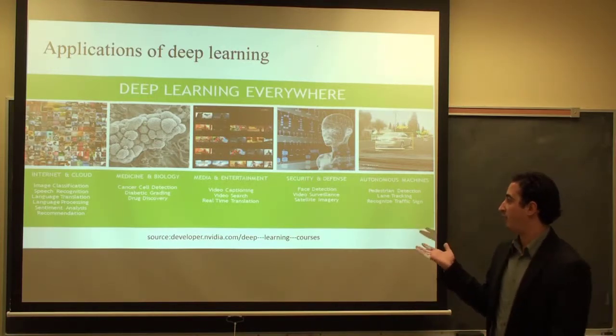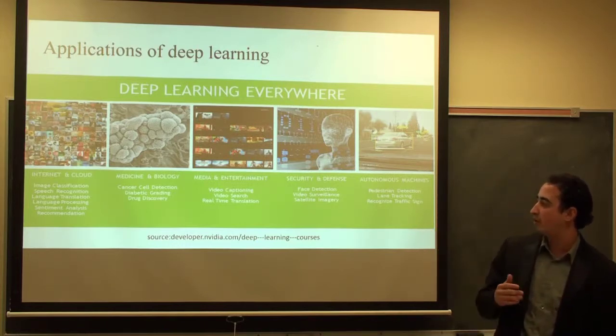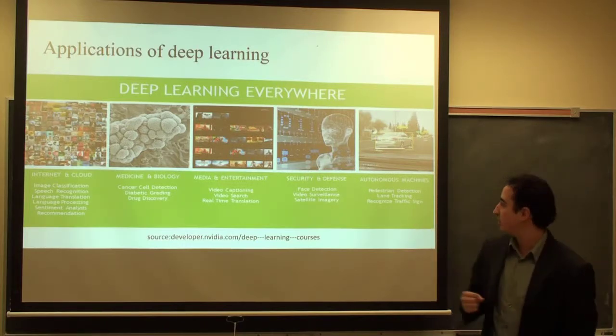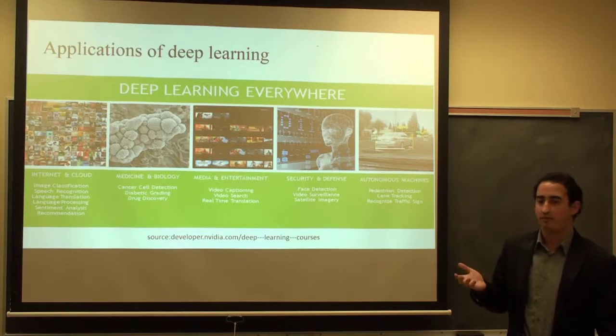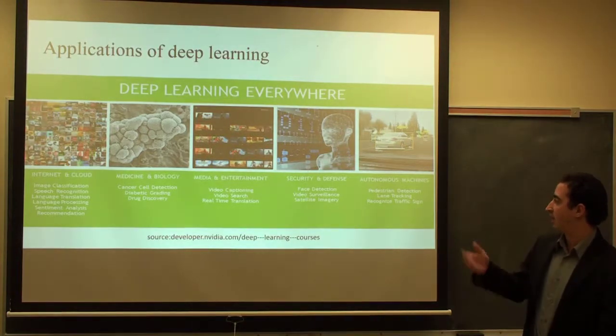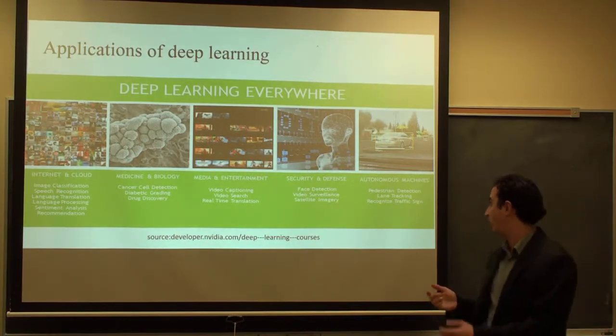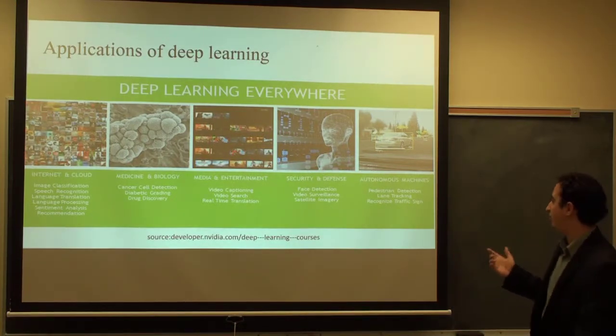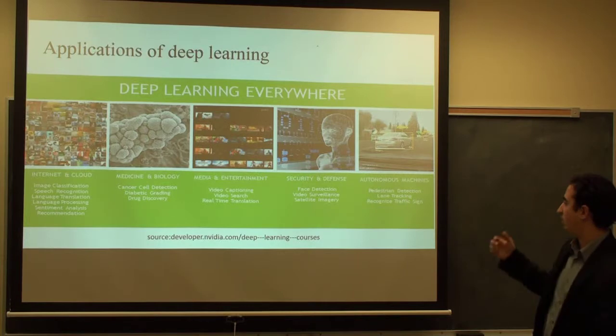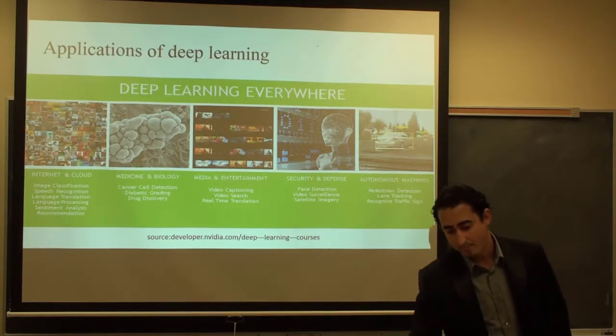In the media, we have video captioning, video search, real-time translation. Also, we have it in security, like face detection, video surveillance, and satellite imagery. Also, nowadays, we have the autonomous vehicle. It detects pedestrians, tracks lanes, and recognizes signs.